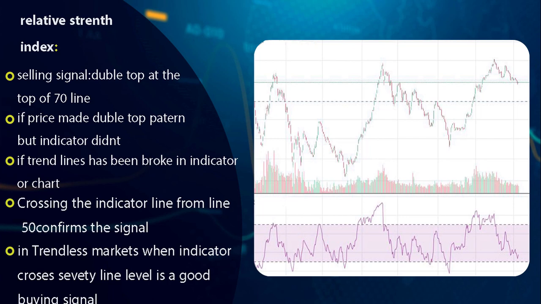When we have a double top pattern, here we have something like a double top pattern. We also have a divergence here, a bearish divergence.